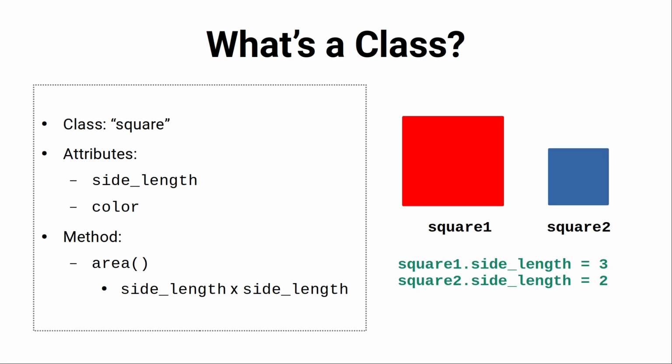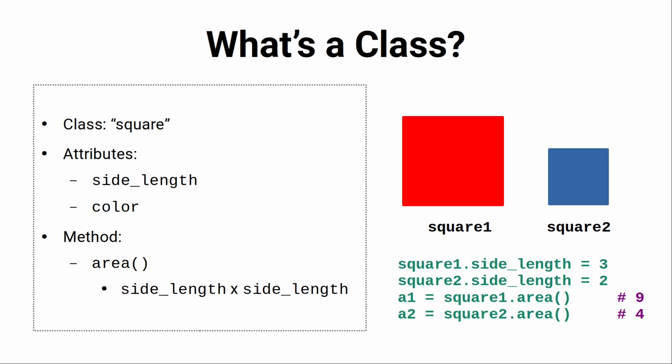Attributes themselves are little objects in their own right that are part of the larger object. Methods, however, are functions, so they need to be called like functions with parentheses and possibly arguments. For the area method, we have all we need in the side length attribute, so it doesn't need any arguments. It should just return the value of side length times side length.